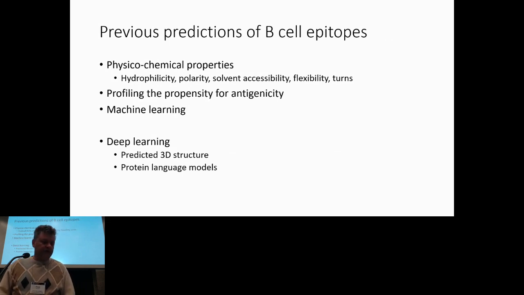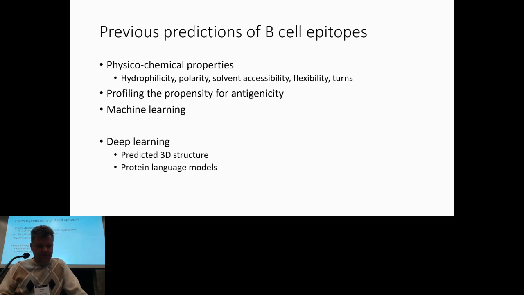Previous methods tried to look into what brings the propensity in the protein sequence, what exactly drives recognition by B-cell receptors and antibodies. They used physicochemical properties, considering hydrophilicity, polarity, how exposed the residue is, and so on, going along a sliding window to see if there is any profile that would give a propensity score for antigenicity.